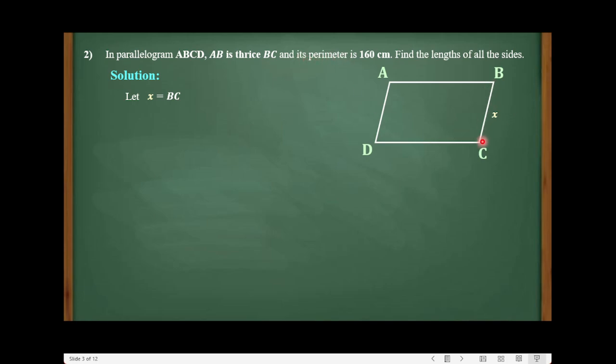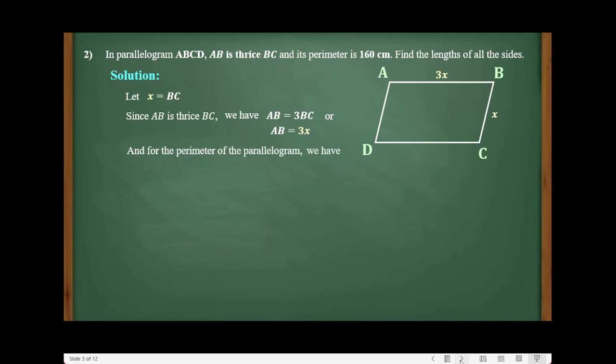Therefore, if BC is x, we can express AB as 3x, since it is already stated in the problem that AB is thrice the length of segment BC. And for the perimeter of the parallelogram, we have 2AB plus 2BC is equal to 160.